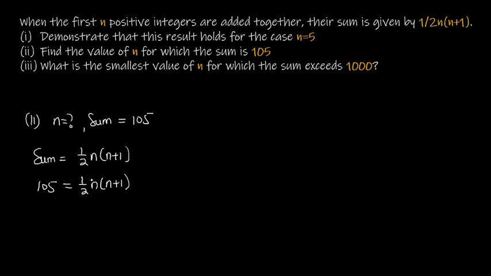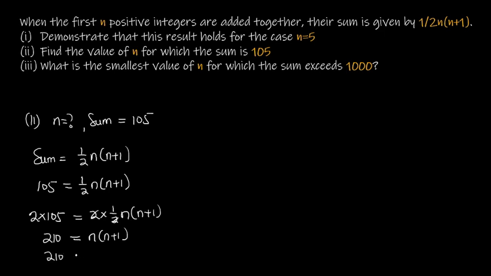Okay, so we have to find n. So the first thing we need to do over here is to get rid of this fraction. We can do that by multiplying both sides by 2. So 2 multiplied by 105 over here is equal to 2 multiplied by half n into bracket n plus 1 over here. So 2 multiplied by 105, that will give me 210 is equal to, this cancels this, so I have n into bracket n plus 1 over here.